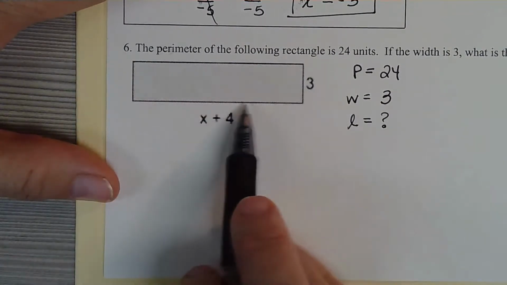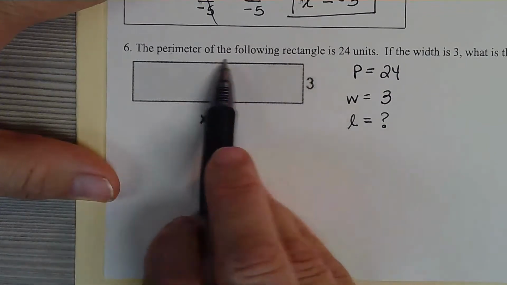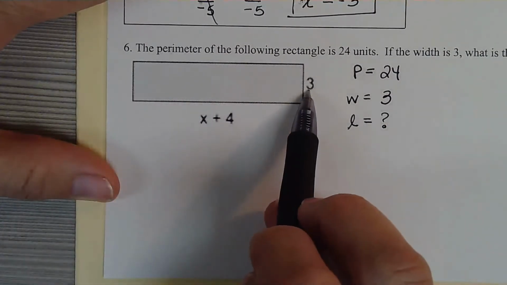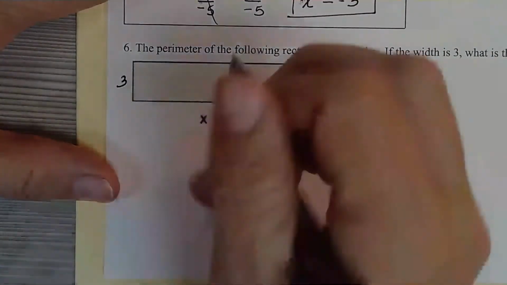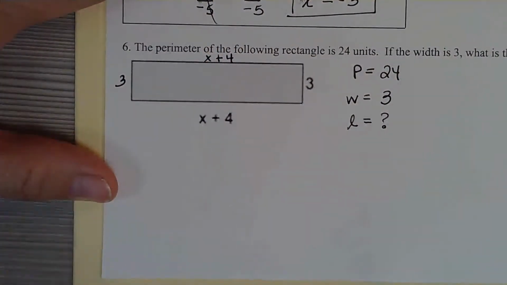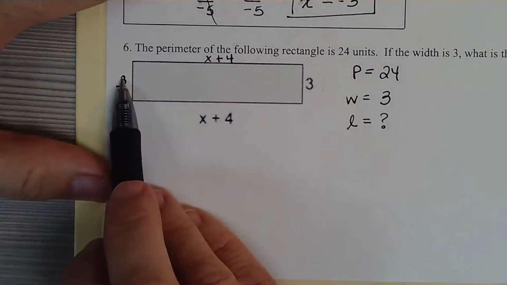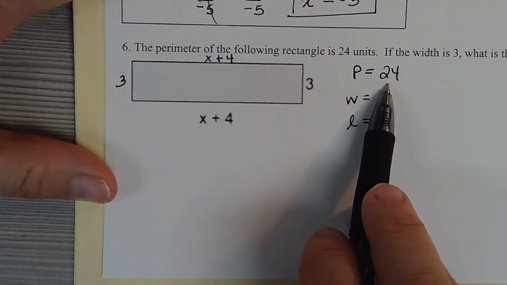Now, I know that they only have 2 of the sides labeled, but we are adding up all 4 sides. So that means this 3, there's a 3 over here. And this x plus 4, there's an x plus 4 up here as well. When we add up these 4 sides, that's the perimeter, and they're saying that the perimeter is 24.